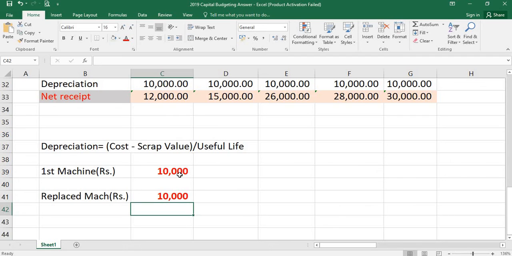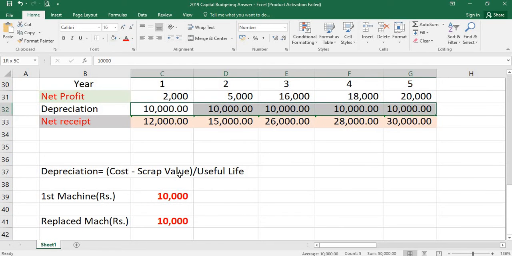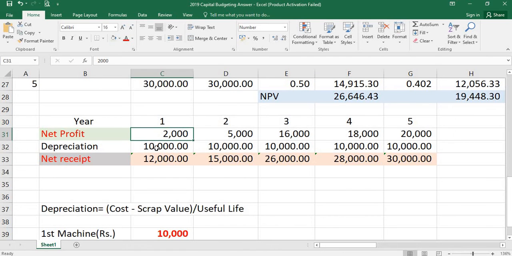At the end of the 5th year there won't be any value, therefore it is also 10,000. As I explained in the case of project A, with the net profit we have to add back the depreciation value to find the net receipt.